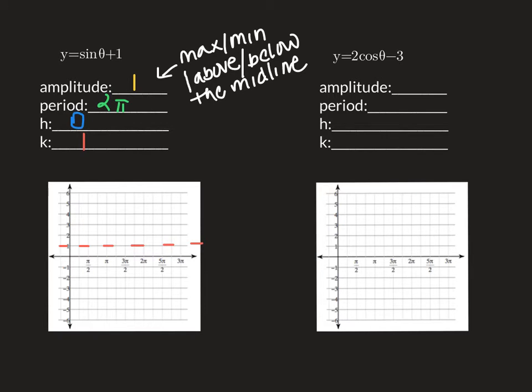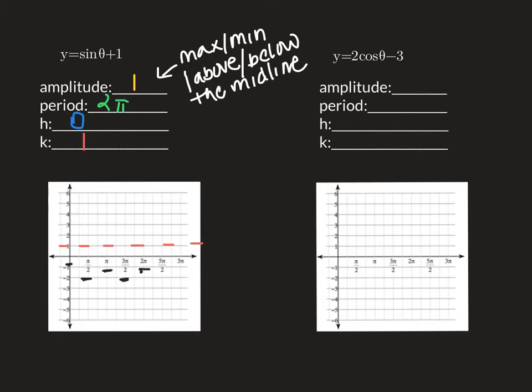Since I'm not shifting left and right, one of them is 0, one of them is 2 pi, and then I need to find the 5 numbers in between. Well, I can go halfway between 0 and 2 pi, halfway between 0 and pi, halfway between pi and 2 pi, which is 3 pi over 2.